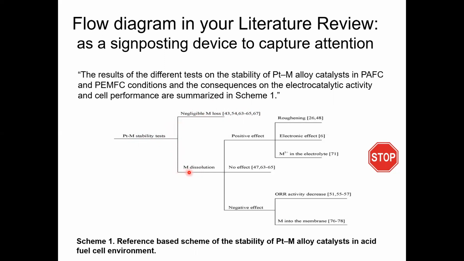If you go to the other arm where there is M dissolution, some show a positive effect, roughening in 2 papers, electronic effect in 1 paper, and M3 plus in the electrolyte in 1 paper. There is no effect in 4 publications, and a negative effect is shown in 2 publications or 2 activities, where you have, in this case, 4 publications and 3 publications here.